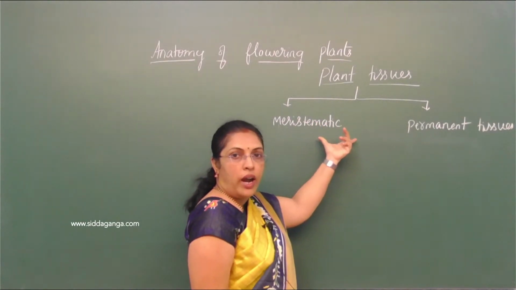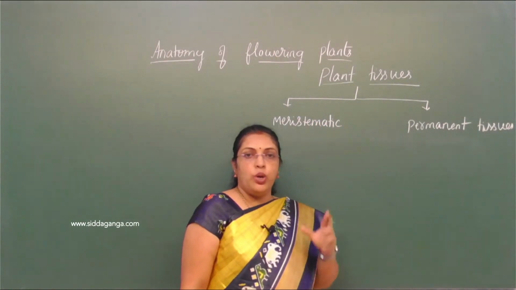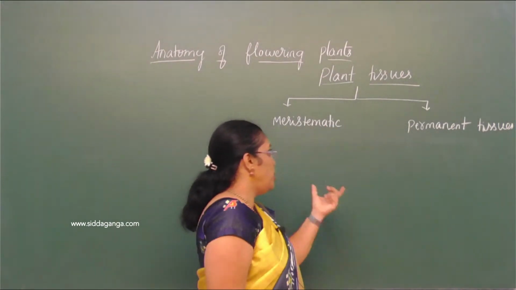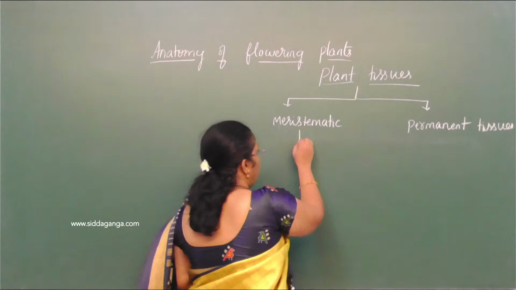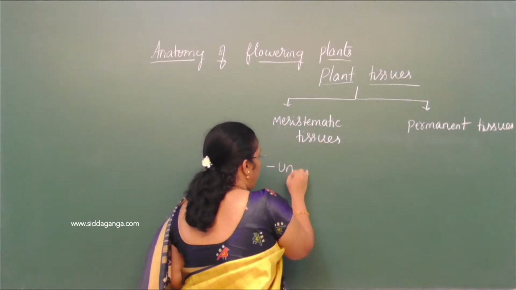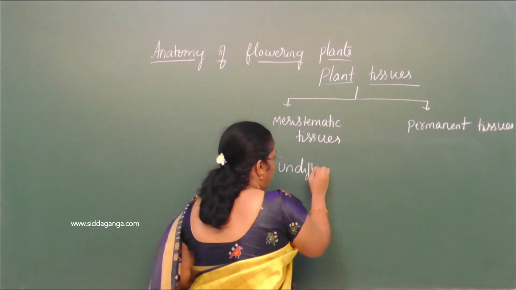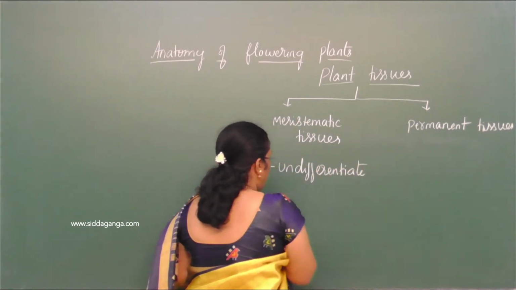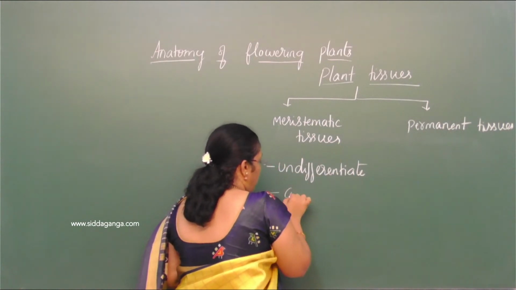Nageli divided plant tissues into two divisions, that is meristematic tissues and permanent tissues. So meristematic tissues are undifferentiated, which shows continuous cell division.